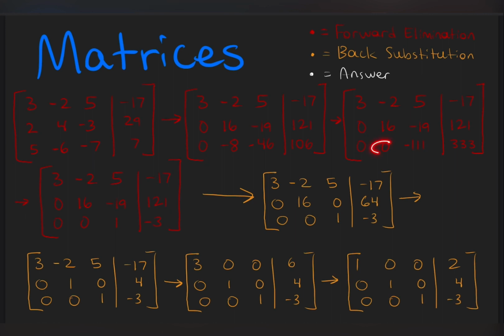We're going to make that 0 and perform the operations that needed to be performed in order to get these numbers over here. Then we are simply simplifying them, make -111 just 1, and make 333 -3. We are dividing 333 by -111, and that is the end of step 1.